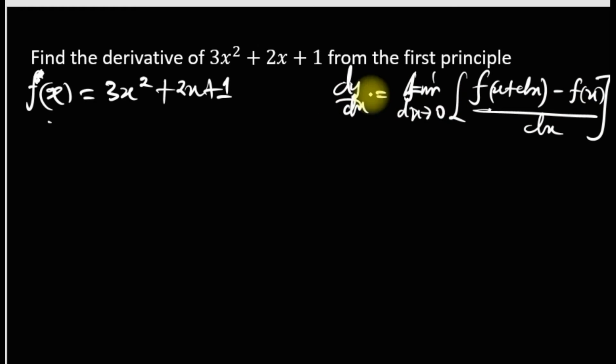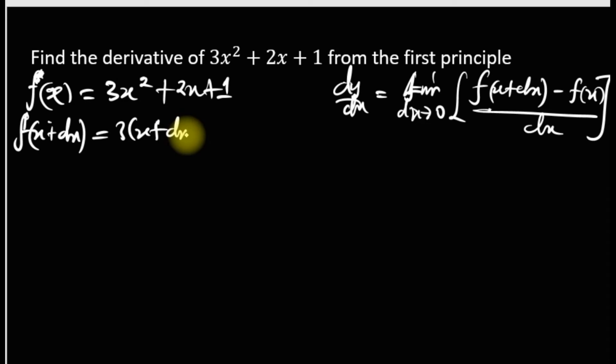So that's what you use here. The next thing is to find f of x plus dx, which is 3. Wherever you see x, call it x plus dx: 3 times x plus dx squared plus 2 times x plus dx plus 1.